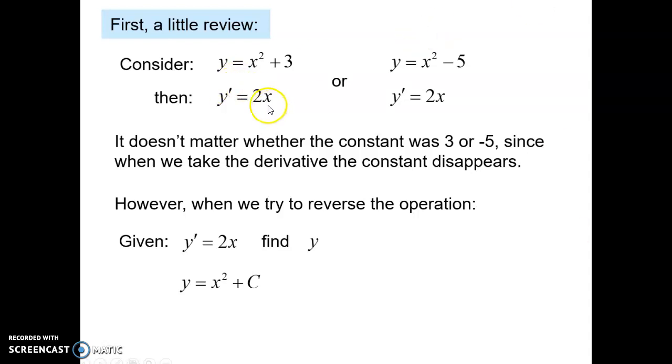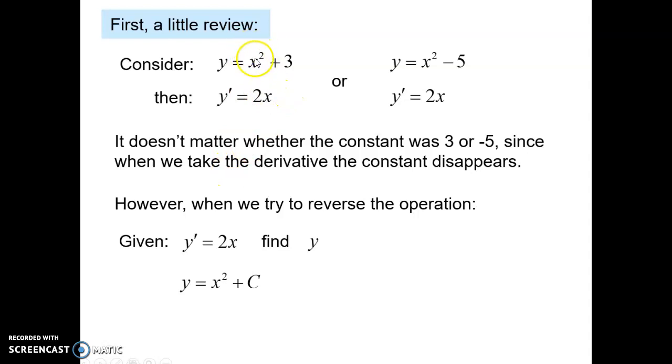This also makes sense to us graphically. If I said graph the derivative of this function, it would graph 2x. If I said graph the derivative of this function, it would graph 2x. So if we're given the derivative function and want to go backwards, when we reverse the operation, we can reverse the 2x and make it x squared.